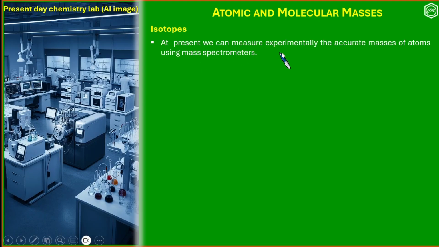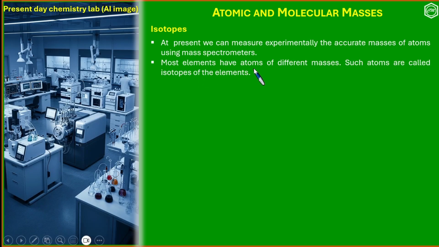At present, we can measure experimentally the accurate mass of atoms using mass spectrometers. The picture shows a present-day lab with high-end instruments. This is the mass spectrometer and its accessories. The mass spectrometer is a device by which we can measure the accurate mass of atoms.